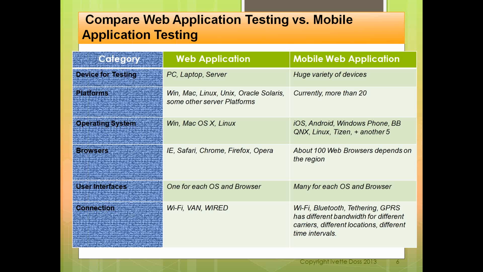Platform-wise, for web application it will more likely be Windows or Mac, maximum maybe Linux, maybe Oracle, some Solaris things, whatever. But currently for mobile web application, we have up to 20 platforms. And it's not limited, it could be more if necessary.